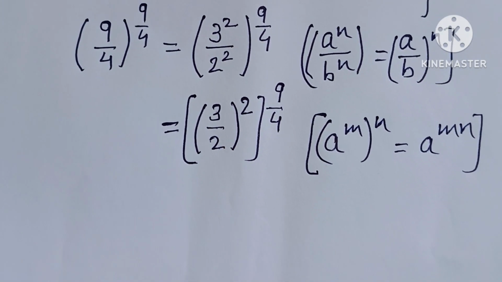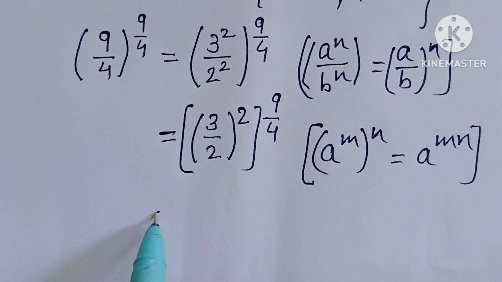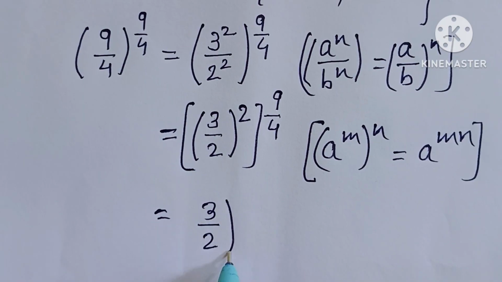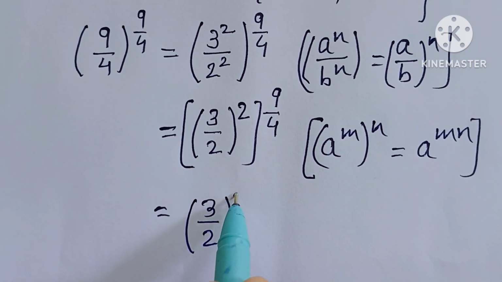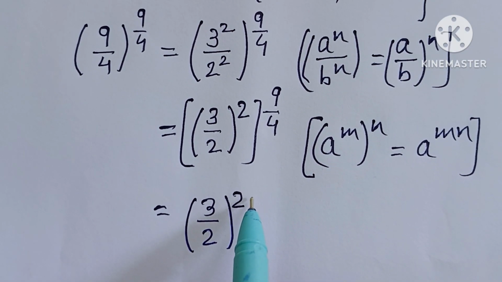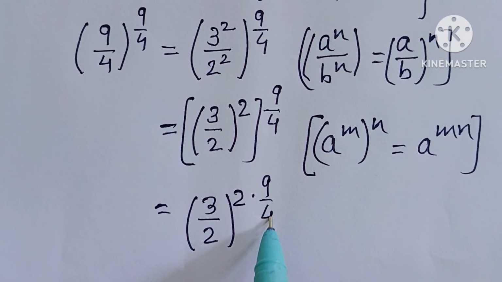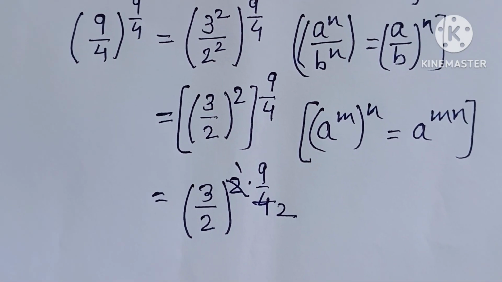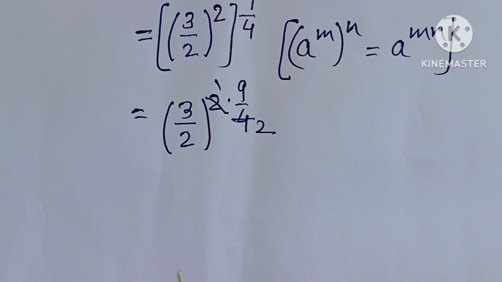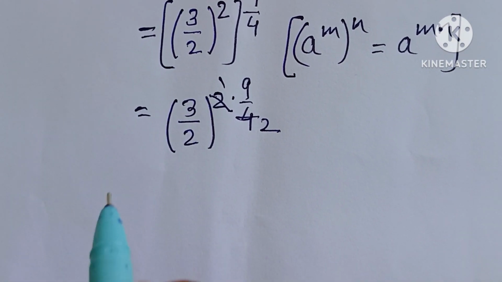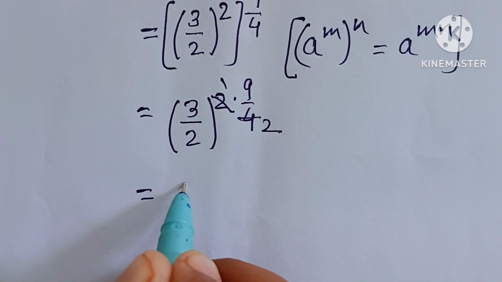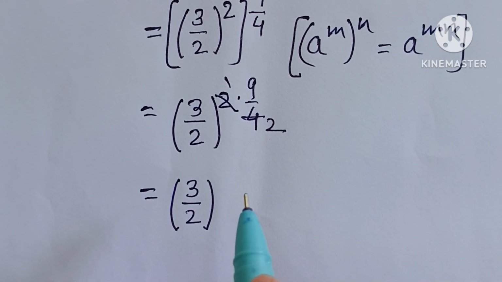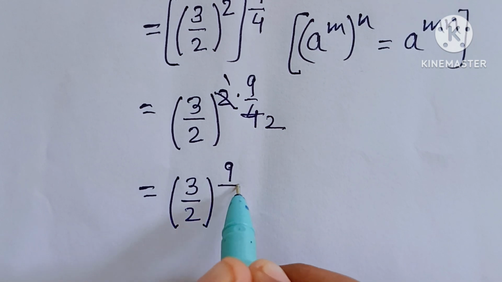So we can write here (3 divided by 2) whole square into 9/4. 2 ones are 2, 2 twos are 4. Now here we can write (3/2) raised to the power 9/2.